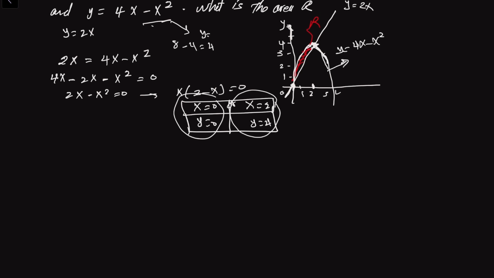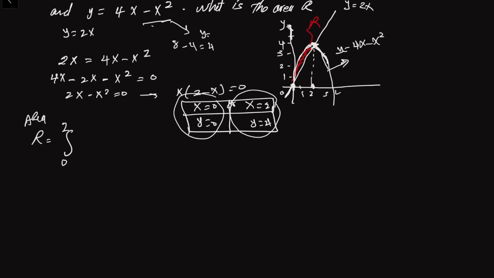So we can say the area, which is R, equals the integration from 0 to 2, because this is basically the part of the two functions we are concerned about, where both intercept.